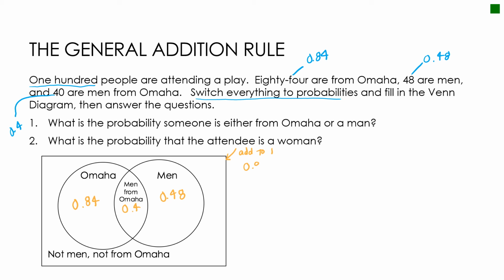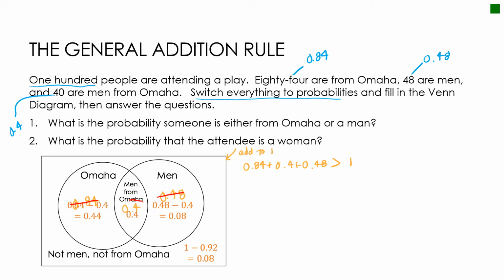And if I took 0.84 plus 0.4 plus 0.48, that is greater than 1. It doesn't matter even what the sum is, I just know that it's greater than 1, and that's not okay. Which means I can't use these values just as they are.